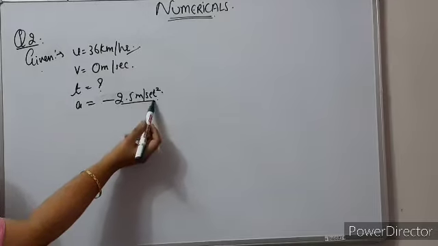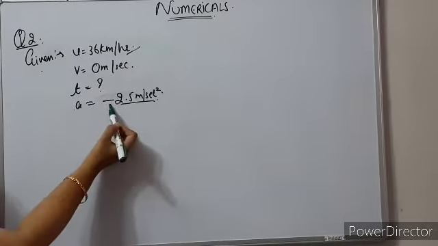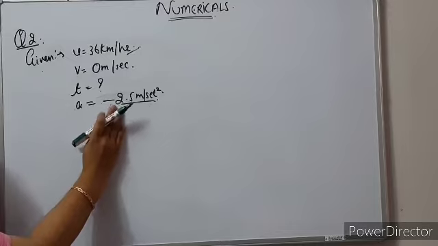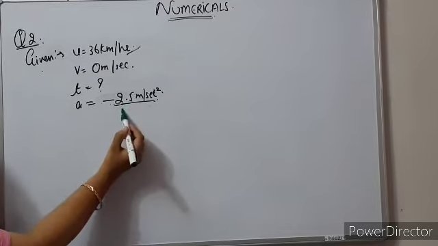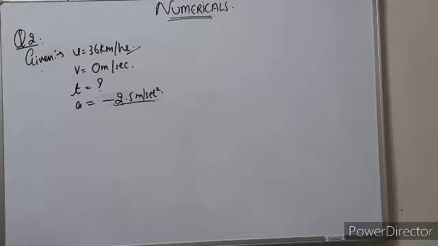Because it is retardation, acceleration will be negative. See, in the question it is not written minus 2.5, it's written 2.5. But because this is retardation, we have to write the negative sign in front of it. And then calculate the time taken to stop the car.